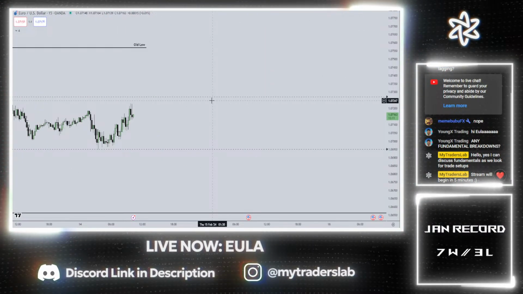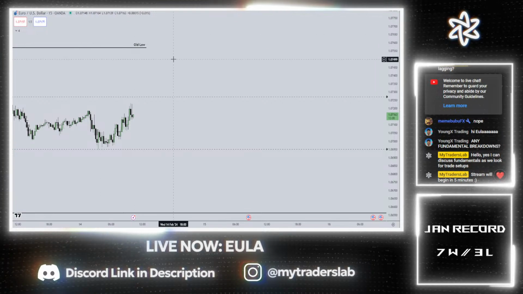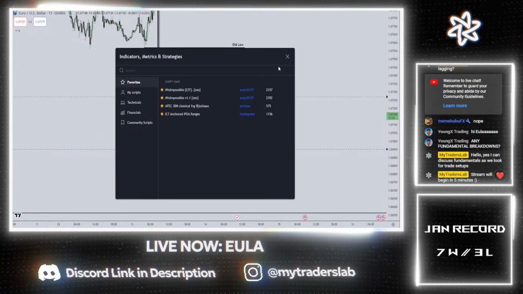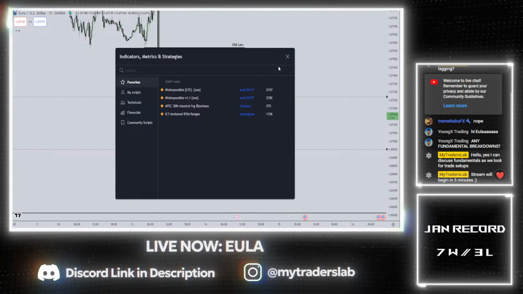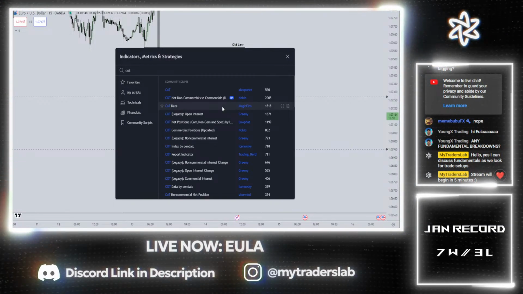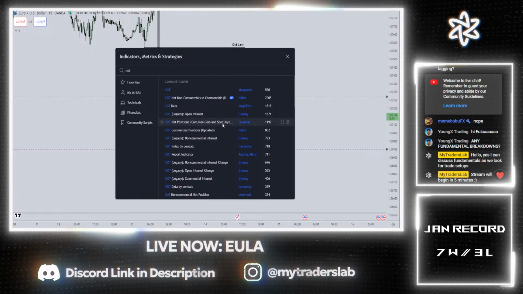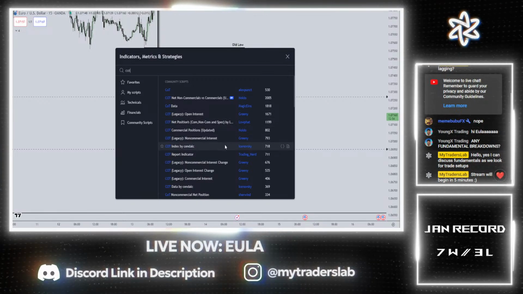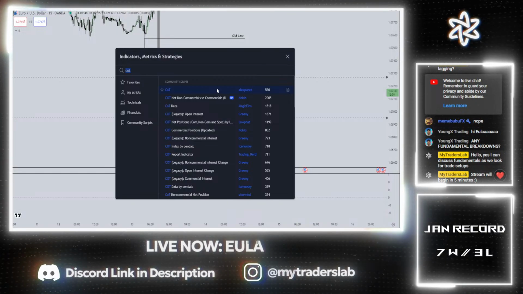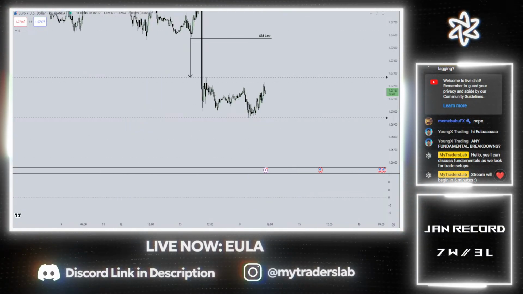So you can actually go to the CFTC to get the commitment of traders data, but I'd rather it be plotted out on the charts, so it's easier for me to explain. Is it this one? COT data, open interest. Could be this one.